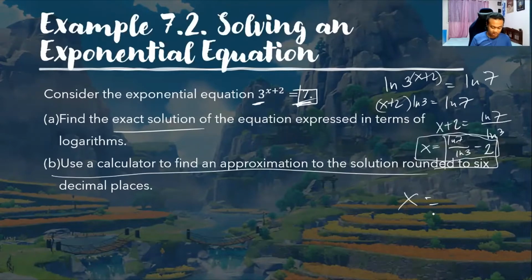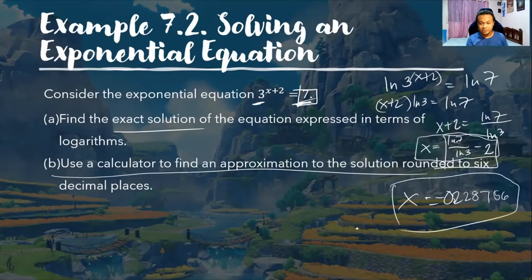That will be your answer, negative 0.228756. Okay, so that's the approximate answer in 6 decimal places. That's how easy you can solve exponential equations. Just follow the steps that I have taught you.